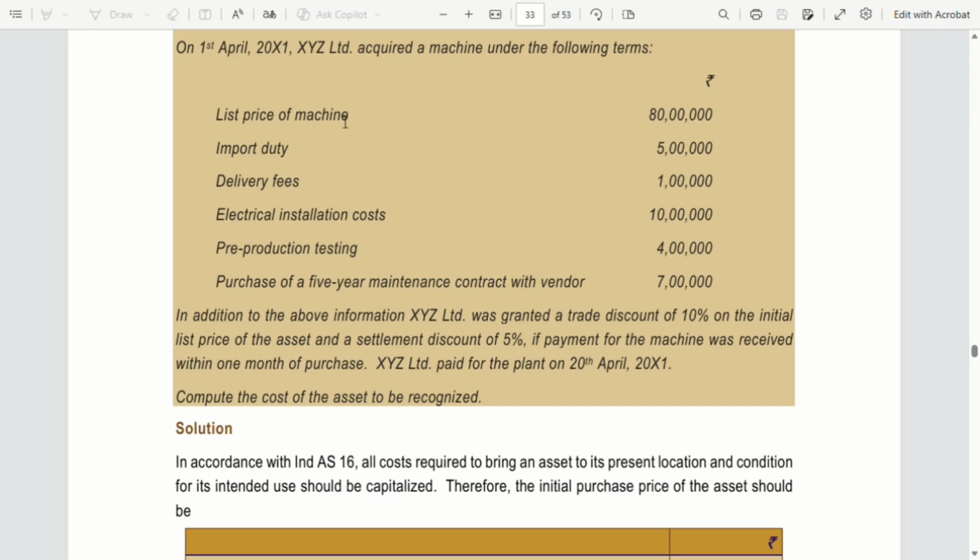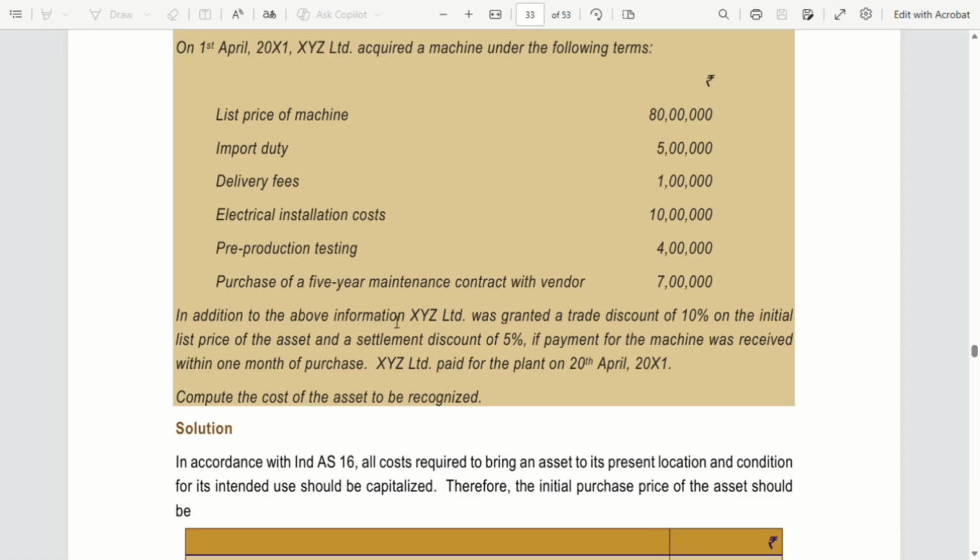We'll include the list price, import duty, delivery fees, electrical installation cost, pre-production testing. All these costs can be included. Purchase of a 5-year maintenance contract with the vendor cannot be included because it is a maintenance contract. This is not a directly attributable cost.